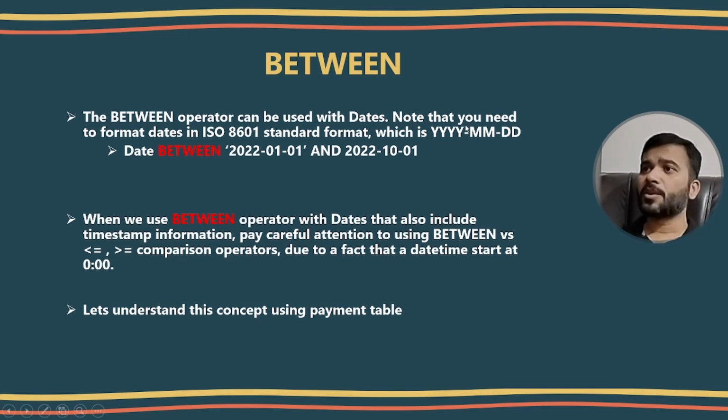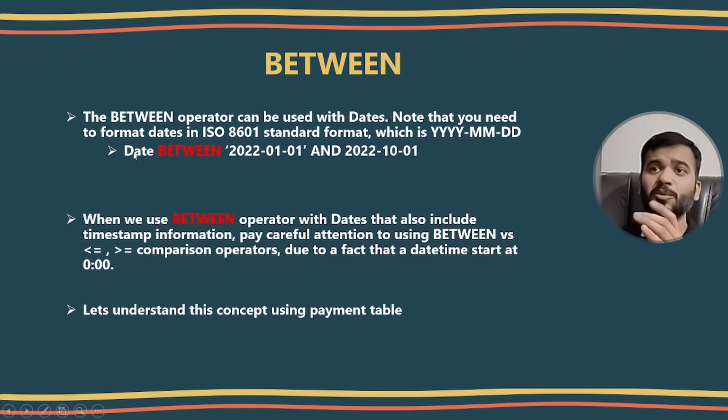Okay. Note that when you apply BETWEEN on a date, you have to remember your date should be in ISO 8601 format, which is the standard format. And what exactly is this format? It is year, dash, month, dash, day.